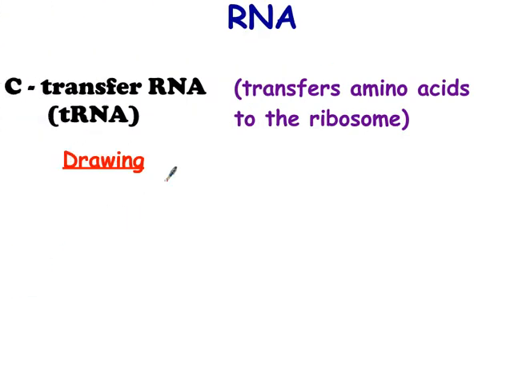And then our third type of RNA is called transfer RNA, or tRNA. And its job is to bring our amino acids, which are the building blocks of proteins, to the ribosome. So tRNAs are usually pretty easy to recognize.